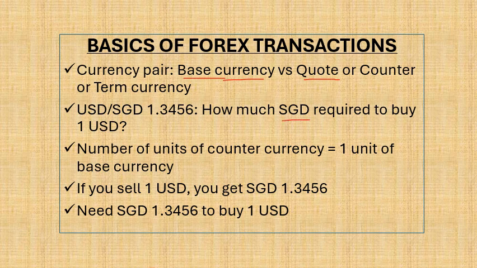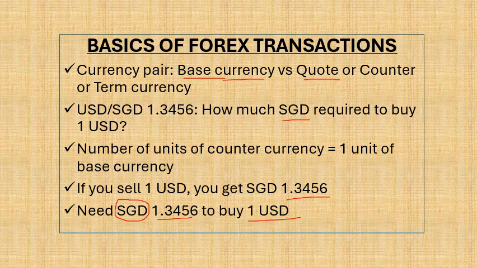That is, the quotation refers to the number of units of counter currency that is equal to 1 unit of the base currency. That is, 1 USD is equal to Singapore dollars 1.3456. If you sell 1 USD in the market, you will get SGD 1.3456, or you need Singapore dollars 1.3456 to buy 1 USD.